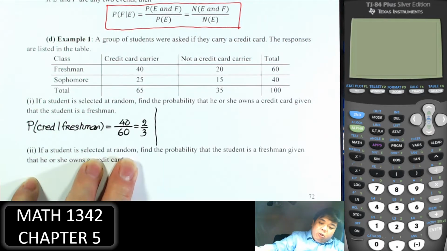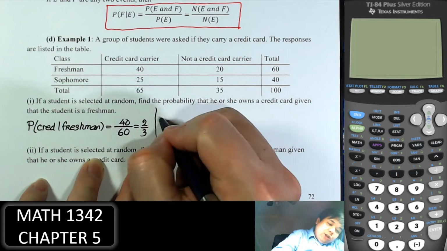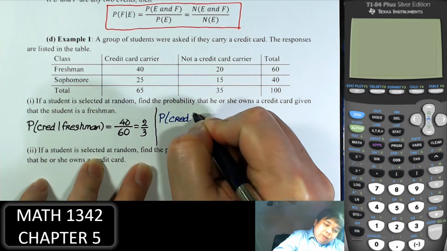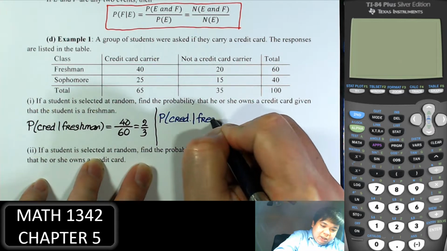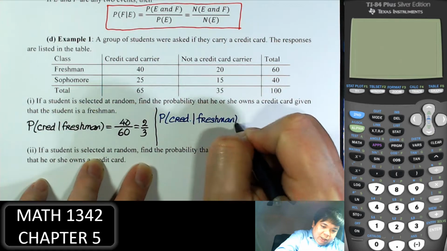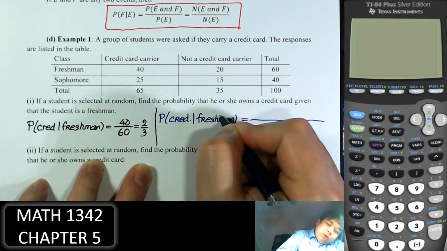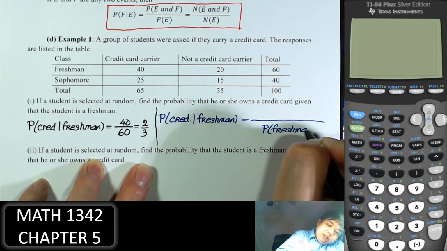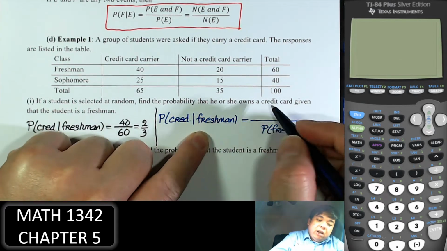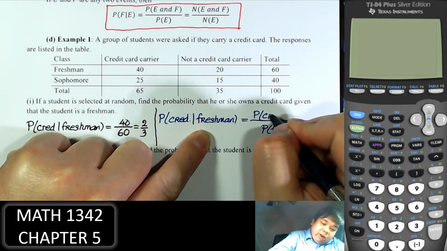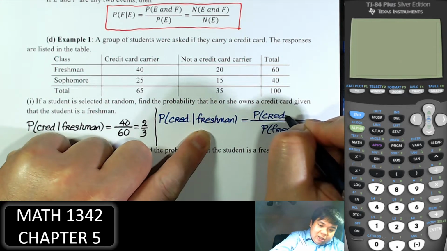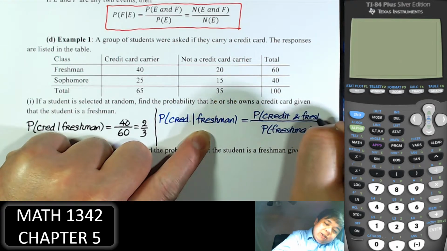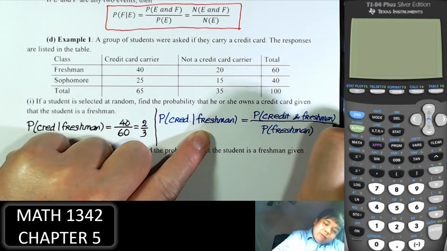Now if we use the formula here, the probability of a credit card given that it is a freshman equals the probability of getting a credit card and a freshman, over the probability of getting a freshman.